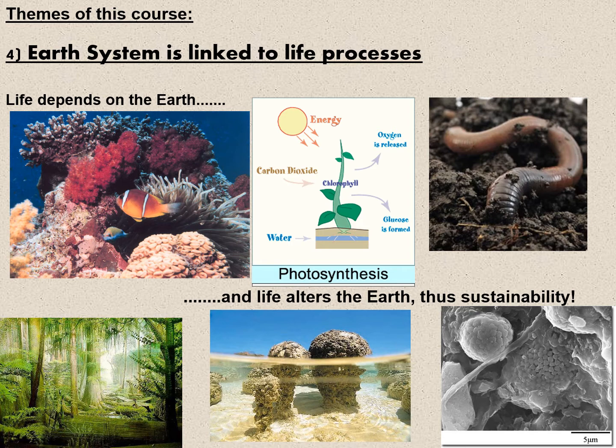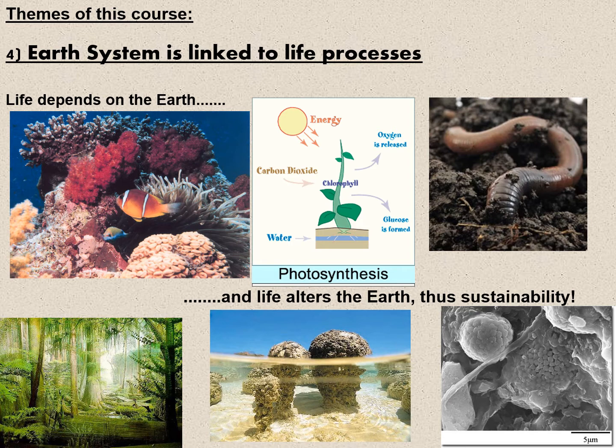But we end up changing the Earth as well, but in a sustainable way. For example, dead plant material in the fall lands on the ground, worms break that down into soil, and that helps further plants grow. Animals exhale carbon dioxide. Plants pull in carbon dioxide through photosynthesis and produce oxygen for living things like us to breathe.